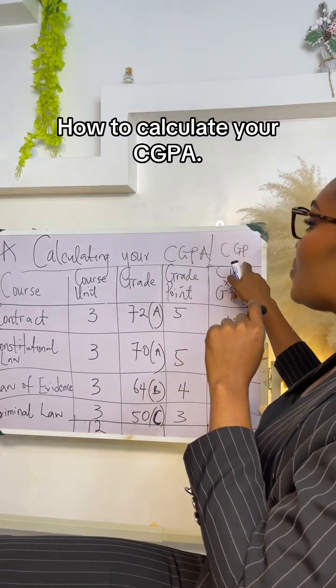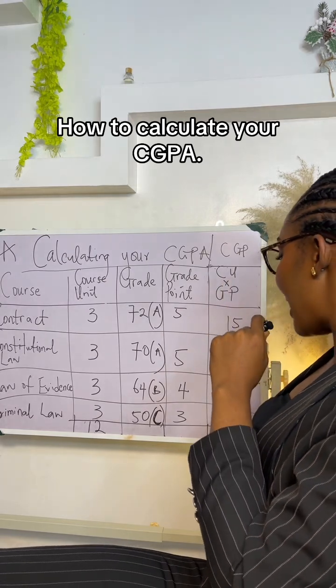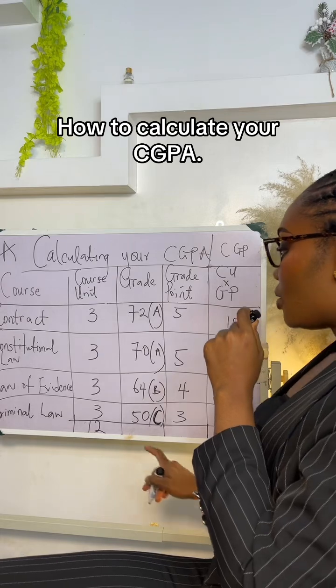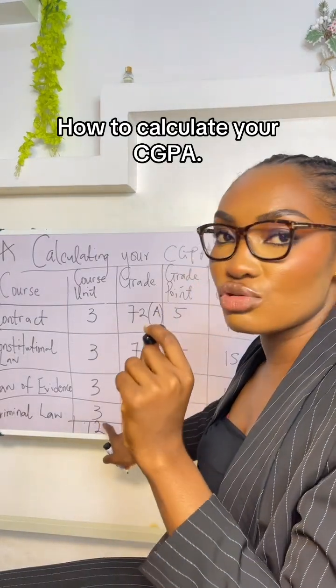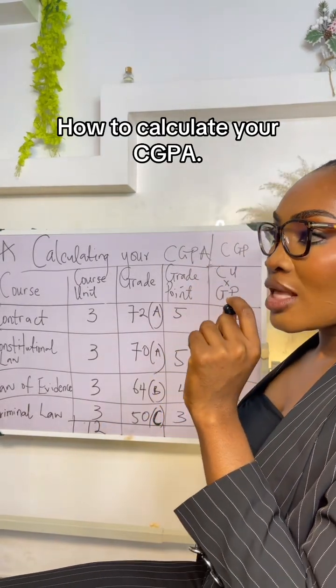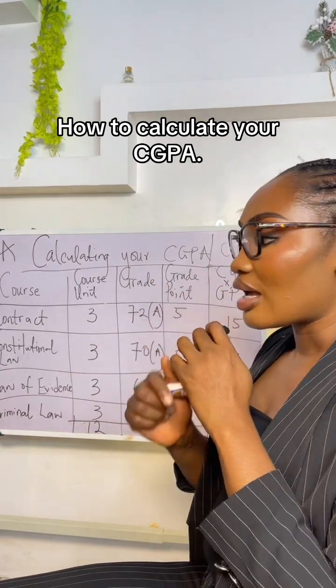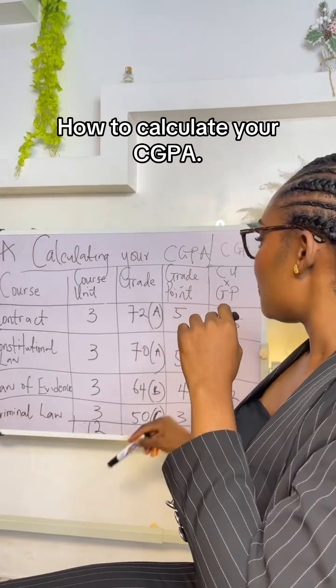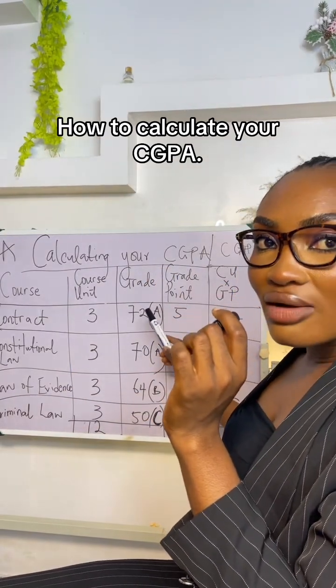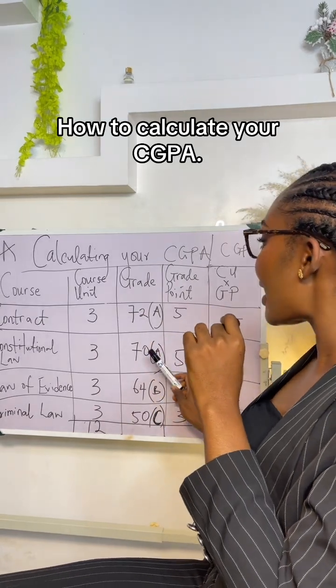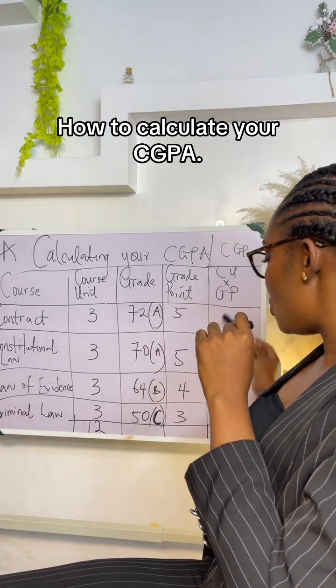To get the CGPA, we are going to divide this CGP by the total number of course units in a semester. So you know your semester and you know your course units, you keep it. After your exams, you calculate your scores alongside the grade point and you keep it.